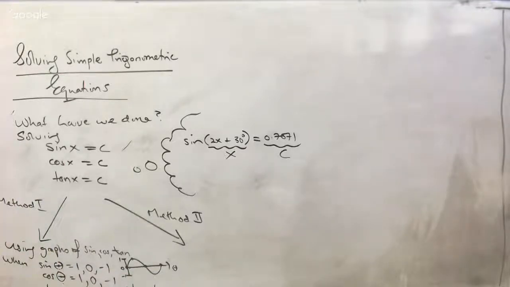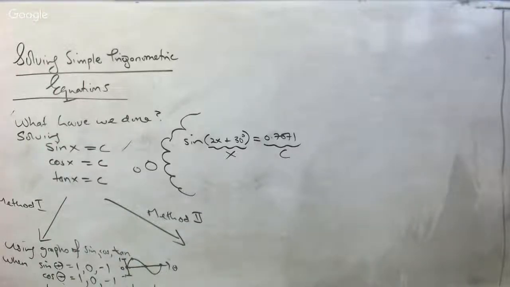The same thing for the cosine graph: it behaves just like the sine, but it starts at 1 and just oscillates. And then the tangent graph was that. So that's in a nutshell how we would have solved using method 1.